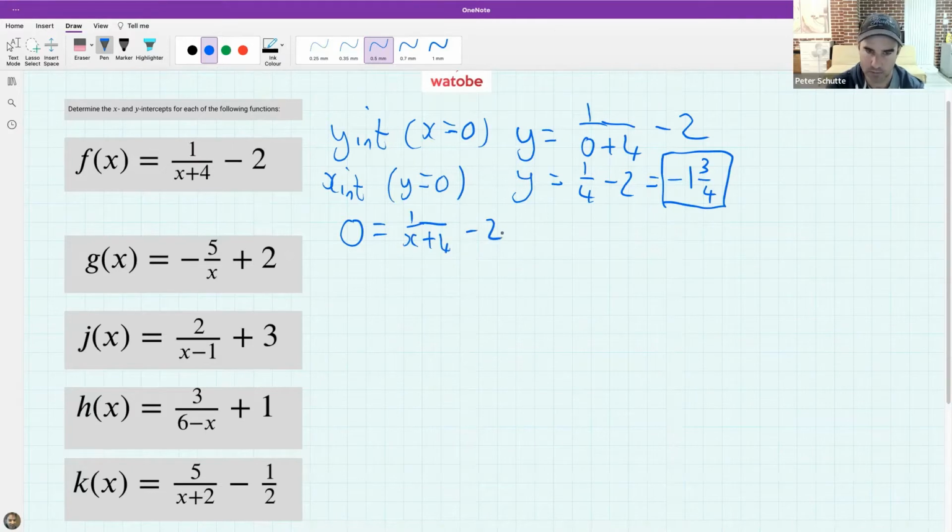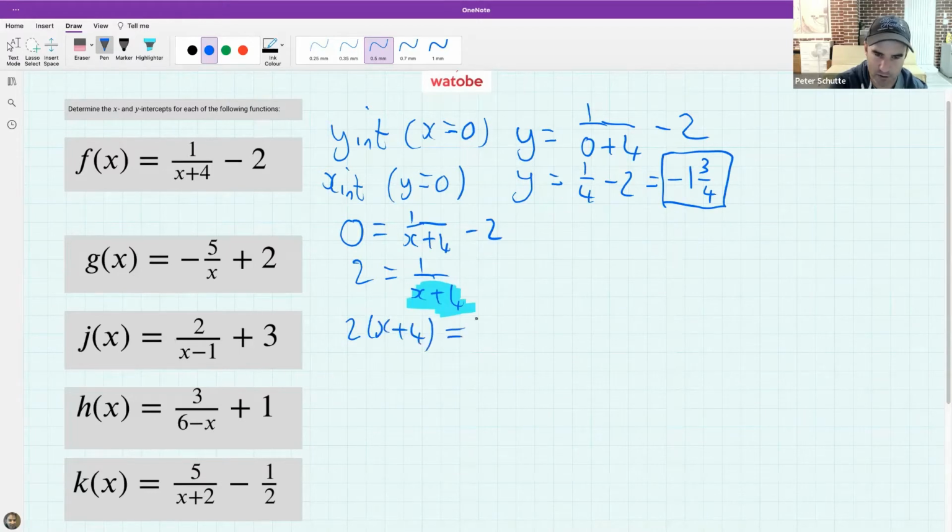Then what I'm going to do is bring the minus 2 to the other side, and I get 2 equals 1 over x plus 4. I'm then going to bring this whole x plus 4 to the other side. And what that means is it becomes 2 multiplied by x plus 4.